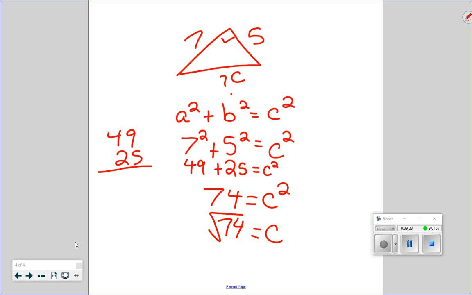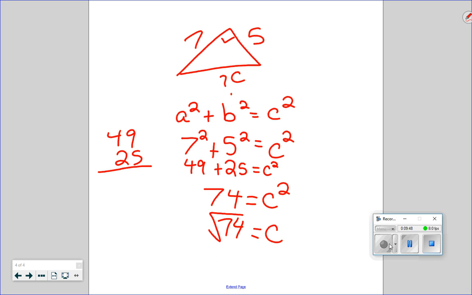Now, at this point, you have two options, and it depends on what your directions say how you express your answer. One possible option is you just take the square root of 74 on your calculator. So you get out a calculator, there's really no other way to do that, and you type the square root of 74 in there. So if you can, get a calculator out.